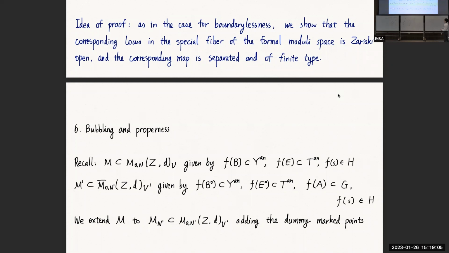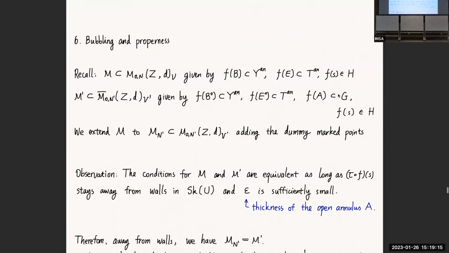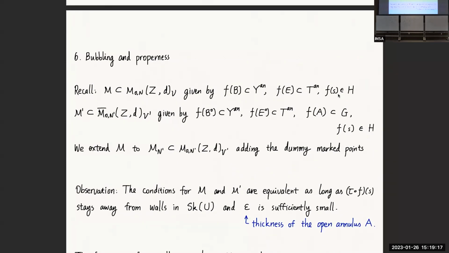So first we just put some dummy marked points into M so that it has the same number of marked points as M prime. And then we really want that in some sense M should be equal to M prime.